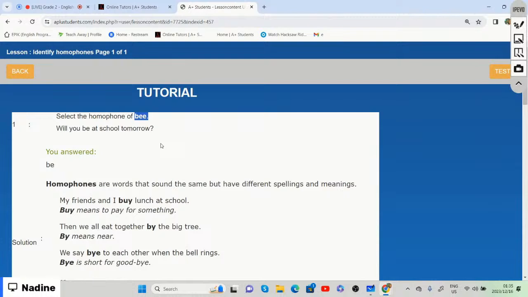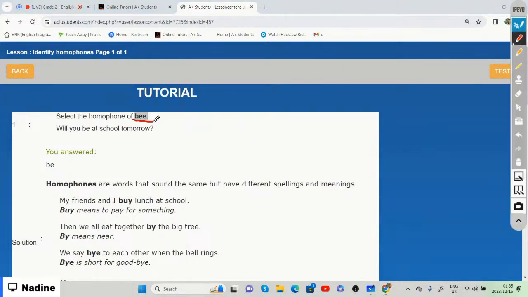So bee. And if we were to select the word that matches the word bee, then we would say it's bee.